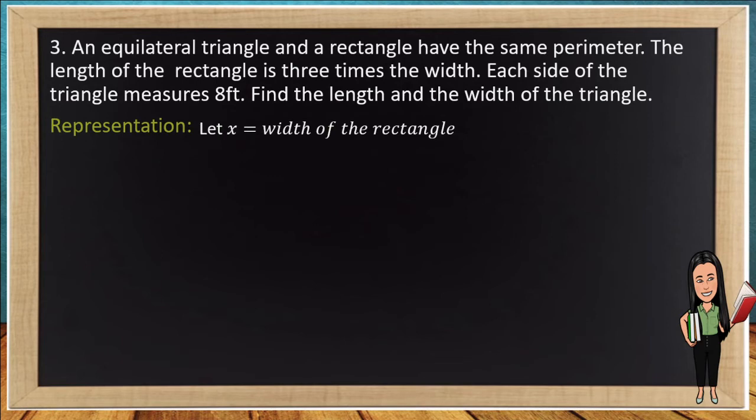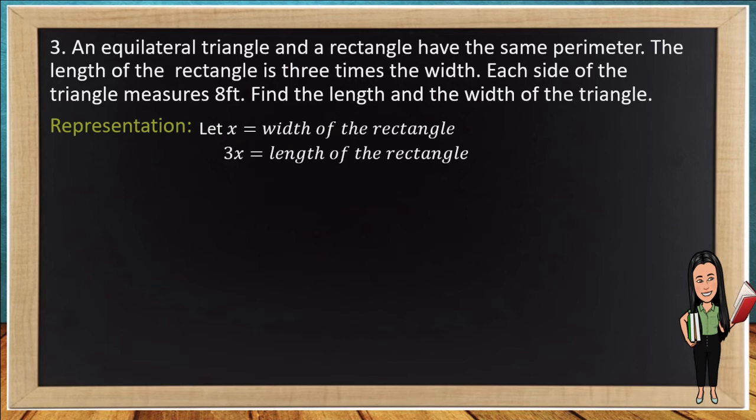We can use any variable. So, let's use x to represent the width. And then, the length is 3x. Kasi according to the question, the length is 3 times the width. Okay? Let's continue. So, saan natin gagamitin yung each side of the triangle measures 8 feet?